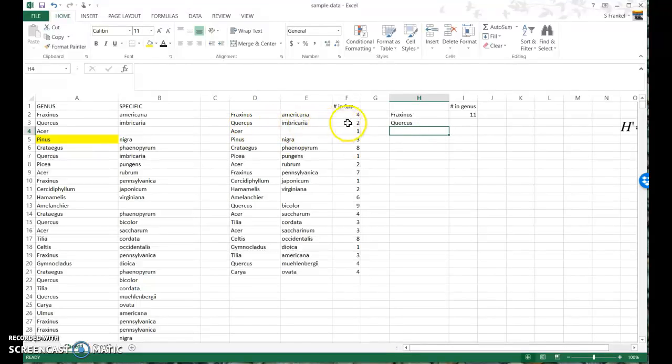So I've got 2, 11, 15. The genus Acer. So I have 1, 2, 3, 7, 10. So I have 10 in that one.